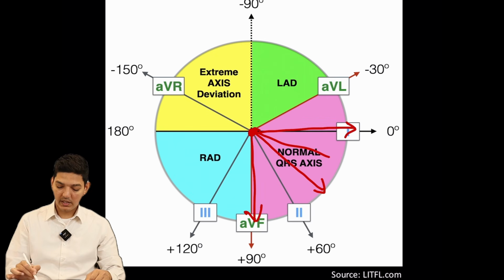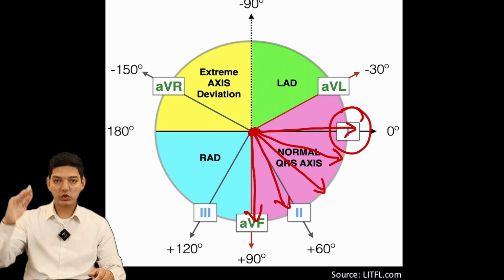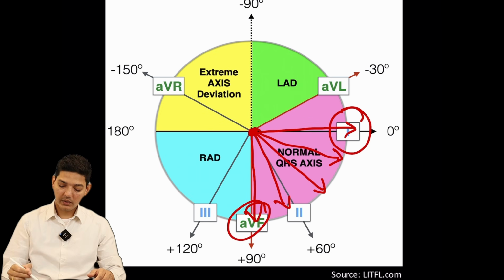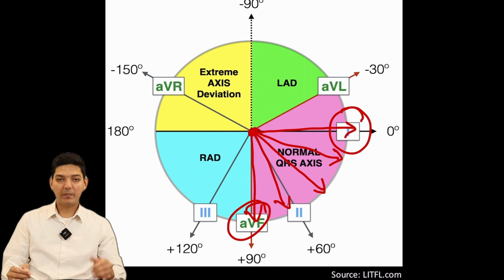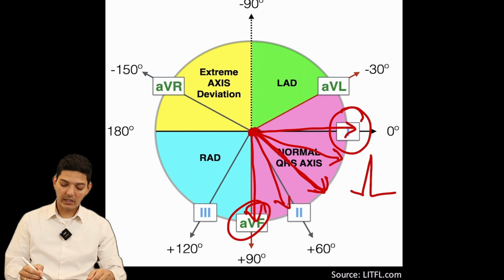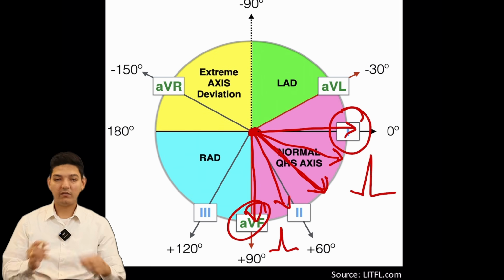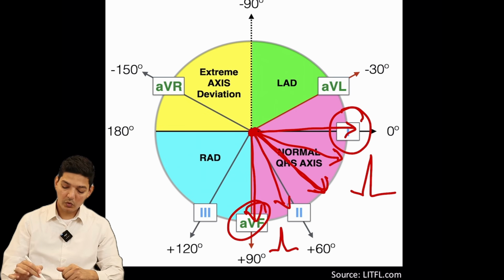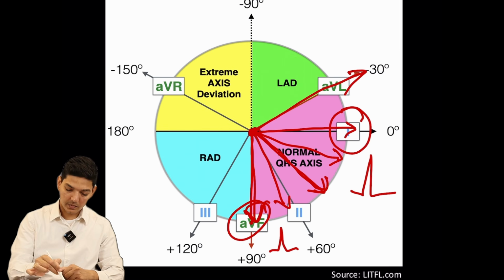As long as it is within the range of lead 1 and AVF, the QRS complex will be perceived as coming towards the lead. So if it is going in this direction, lead 1 will think it is coming towards it, so there will be a positive deflection. Same thing with lead AVF, there will be a positive deflection as well. Up to -30 till +90 is normal.